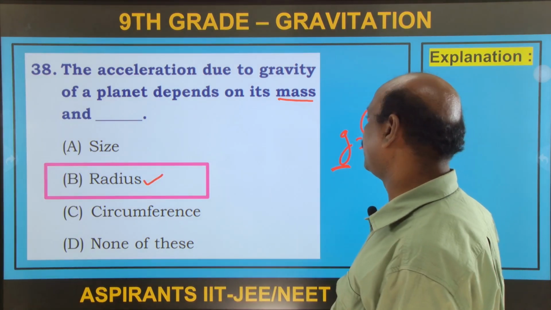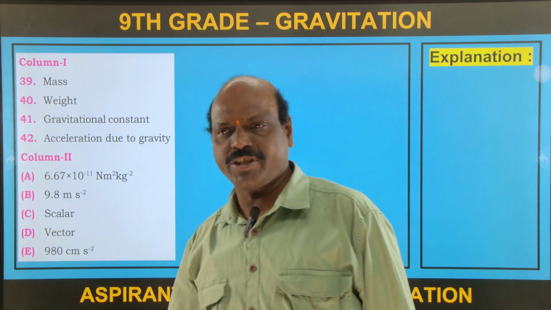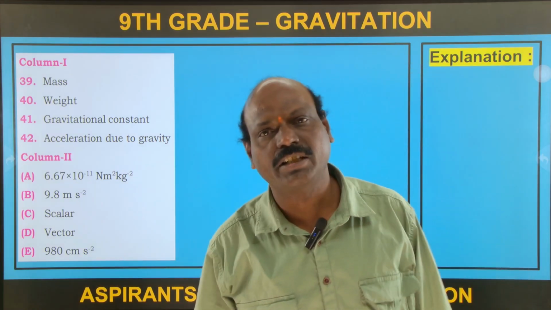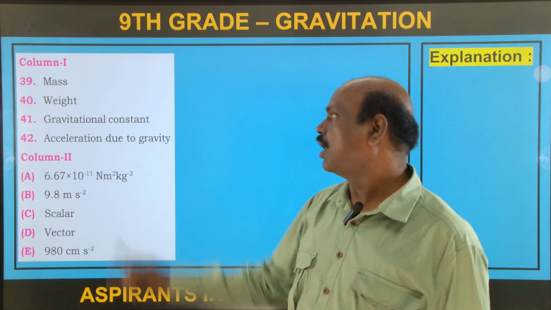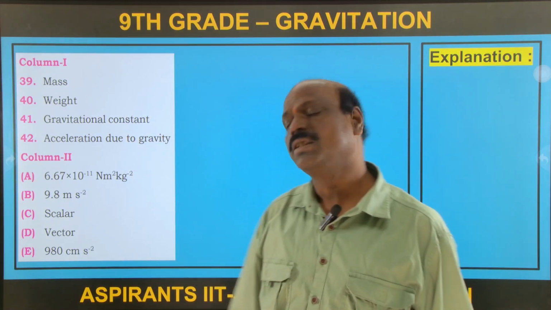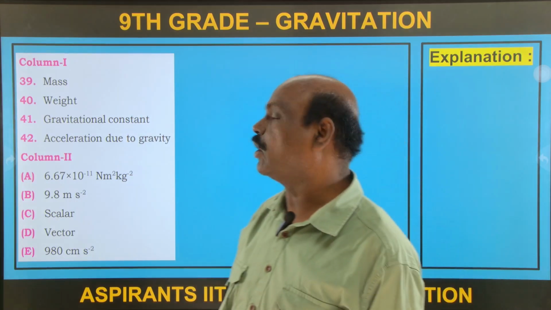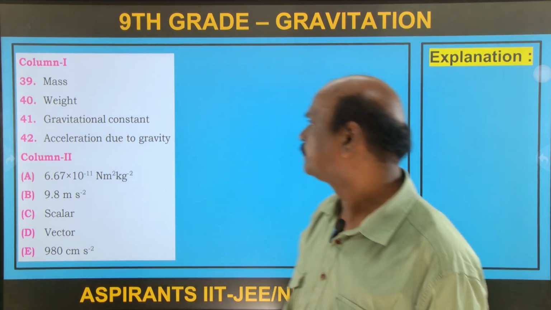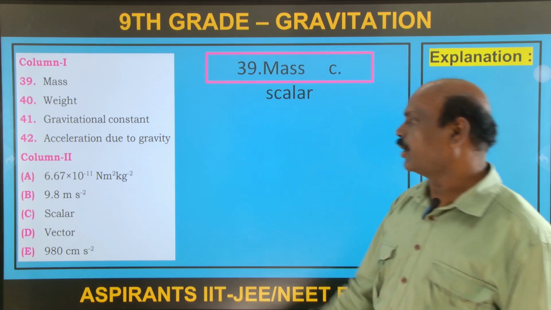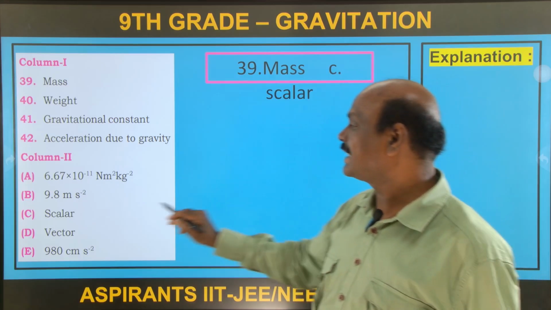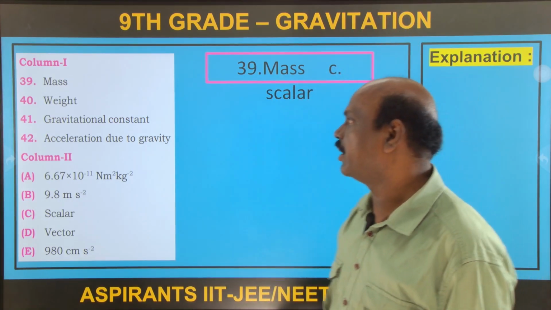Coming to the next question, matrix match. Whenever you say matrix match, there is a possibility that one option may have only one answer, or one option may have more than one answer, or answers may be repeated for more than one question. That's why we call it matrix match. Let us see one by one. Mass. According to the given data, mass is a scalar quantity.